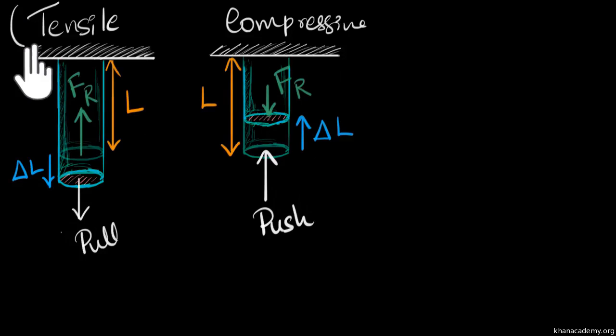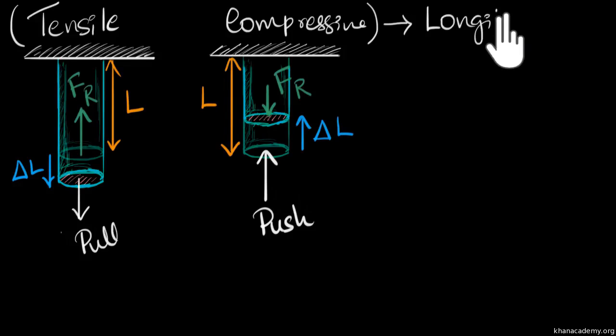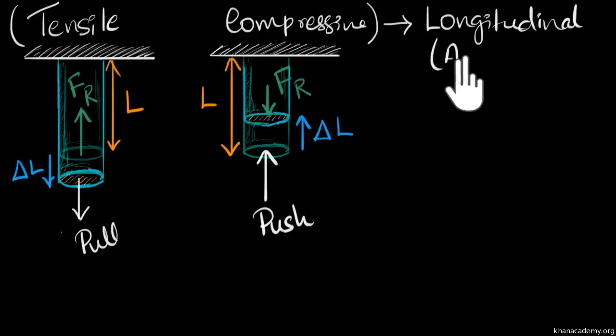And together, this tensile and compressive, we often call it longitudinal stress or strain. And the word longitudinal comes from the fact that we are talking about stresses and strains happening along the axis of the rod. So it's also called axial stress. That's another name that we give to this, axial stress and axial strain.